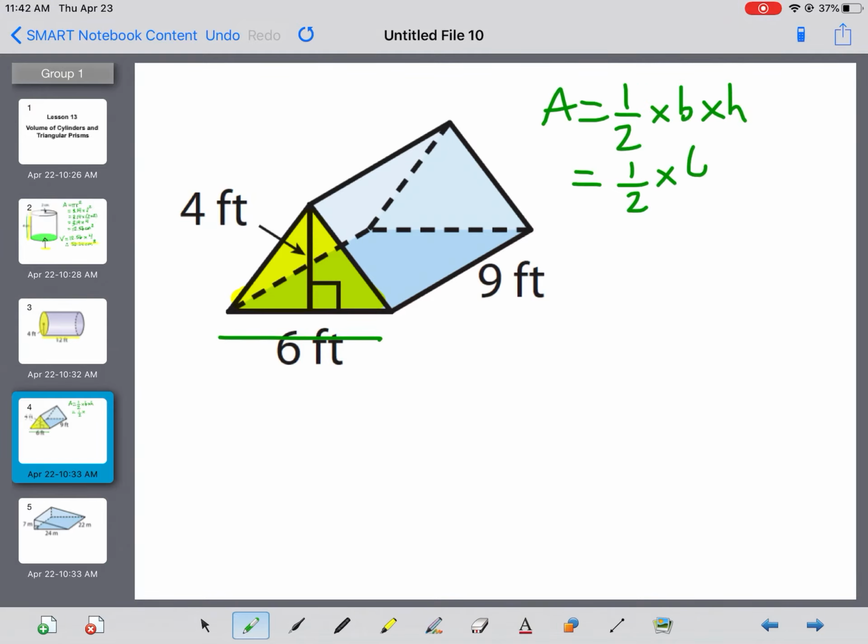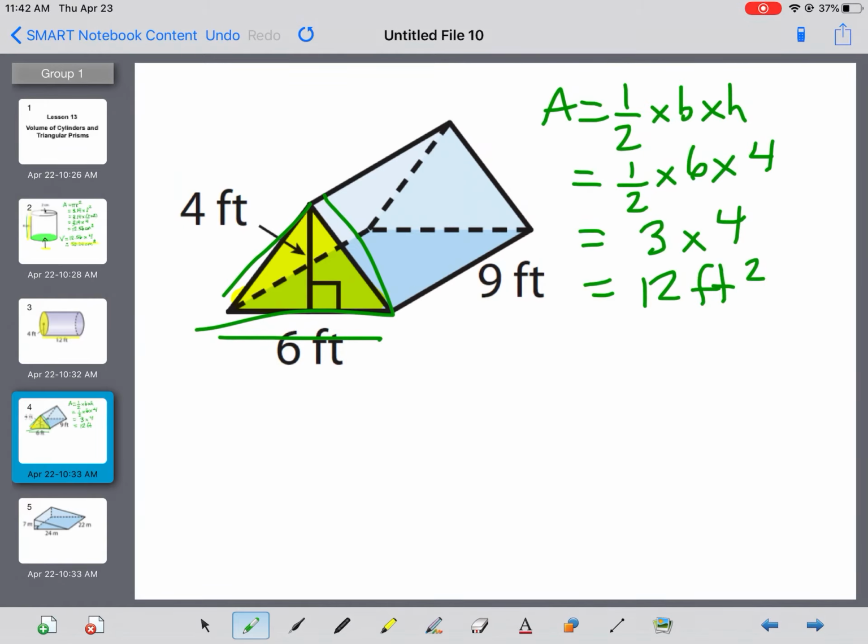So half of 6 times the height of the triangle, which is 4. Half of 6 gets us a 3. 3 times 4 gets us an area for that triangle base of 12 feet squared. So that's the area of that triangular base.